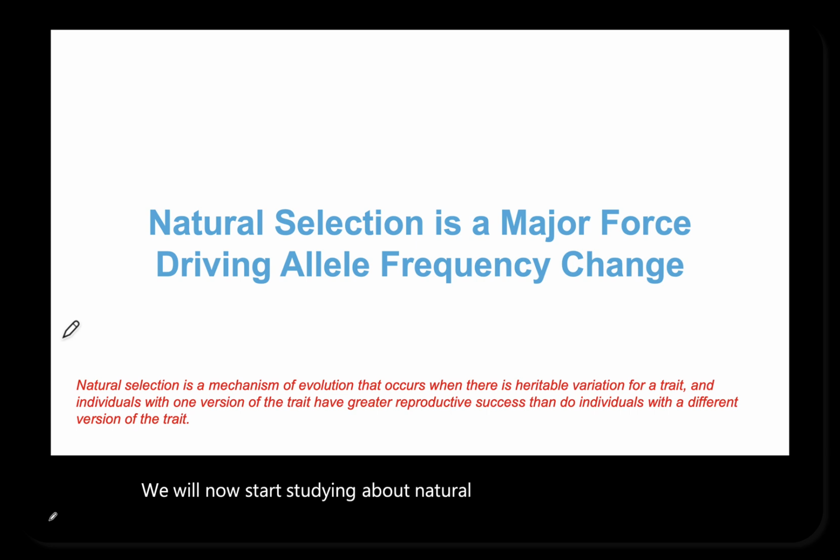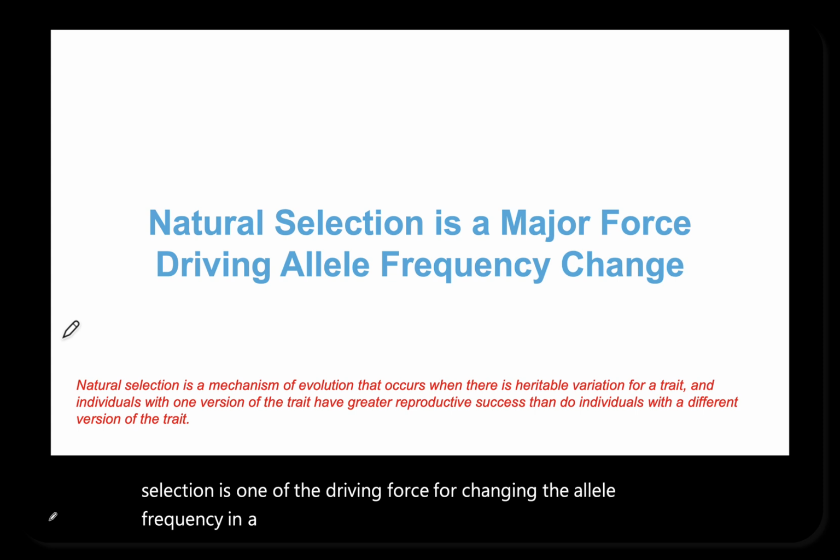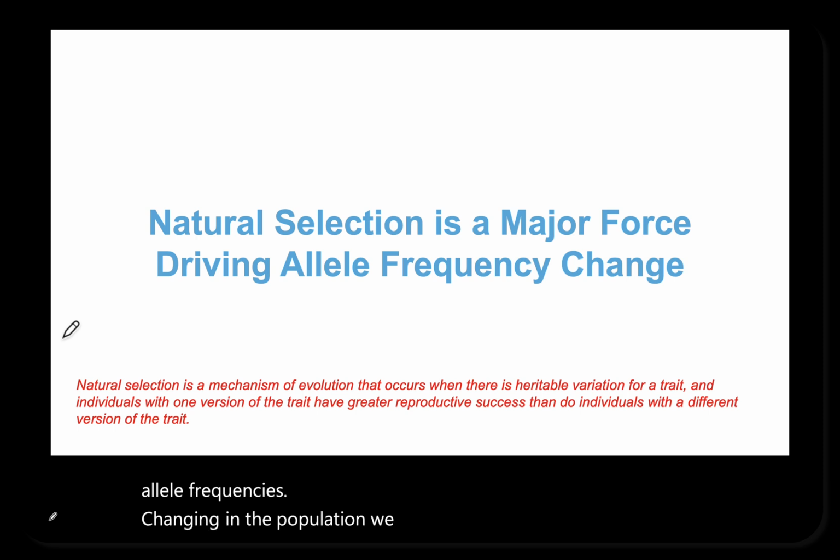Natural selection is one of the driving forces for changing the allele frequency in a population. Always remember that when we say allele frequencies are changing in a population, we refer to that as evolution.